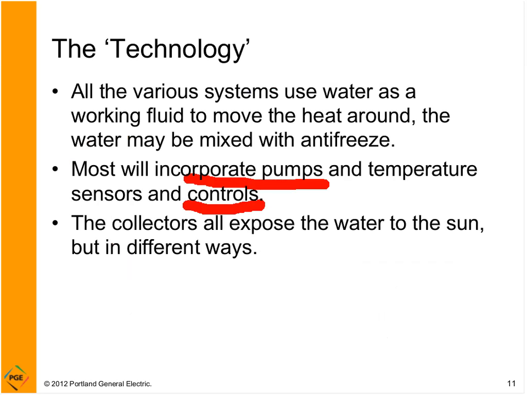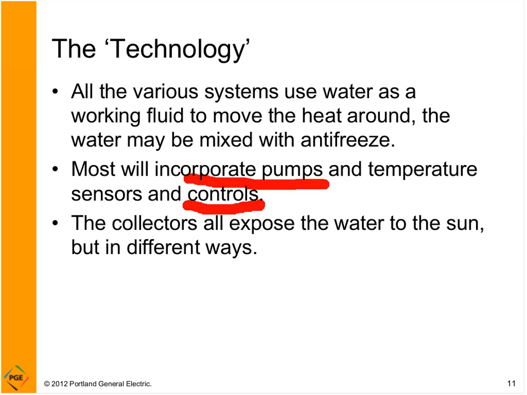That would be versus passive, where you just use the differential in water density between hot water and cold water to move the fluid around. There are some systems that are totally passive, but generally speaking, we're going to be using systems that have active devices like pumps in it.